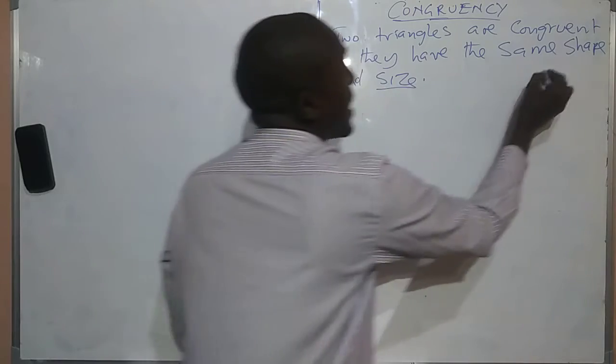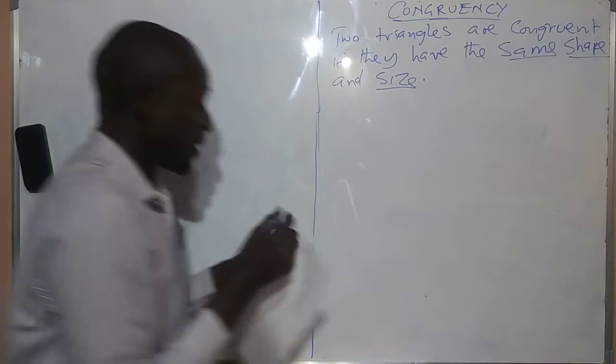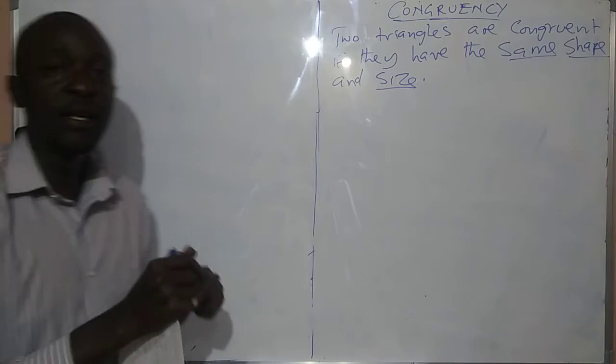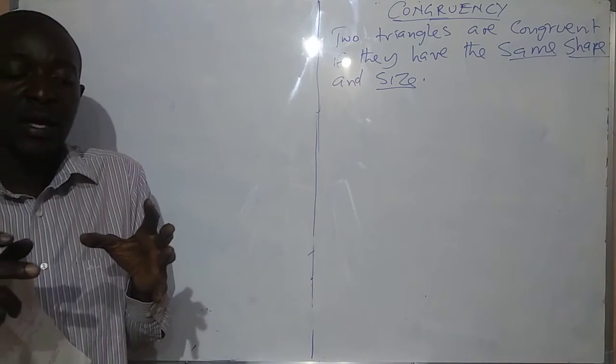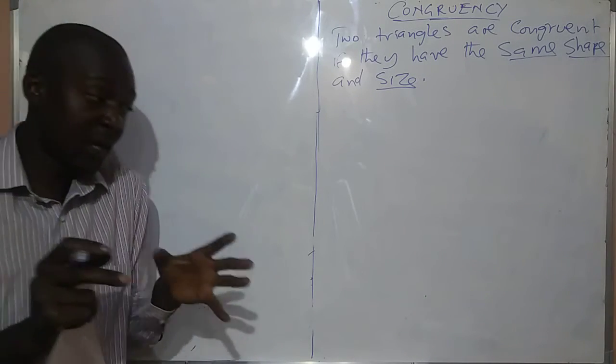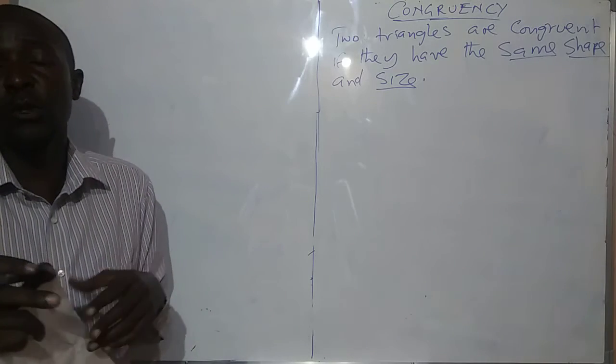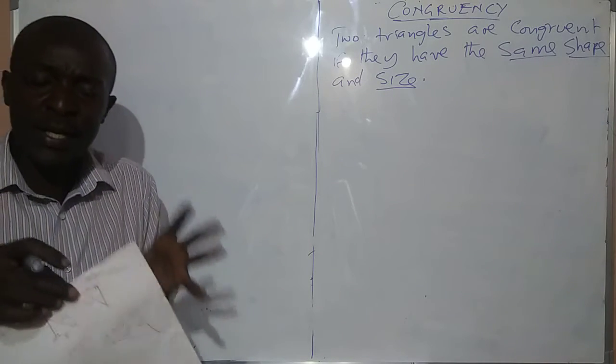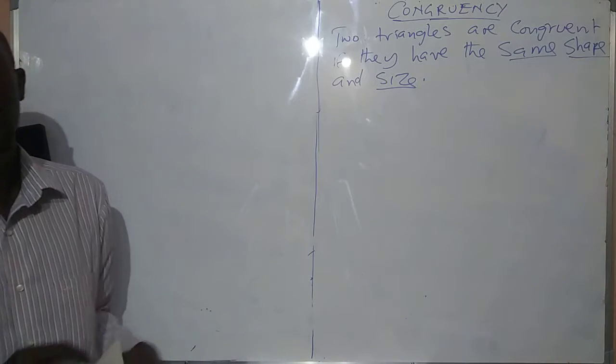Okay, so very important words. So when you're dealing with congruency, the two triangles should be the same size. When you look at them, they should be the same size, and the shape should be the same. But there are other conditions that we look at when we are dealing with congruence.